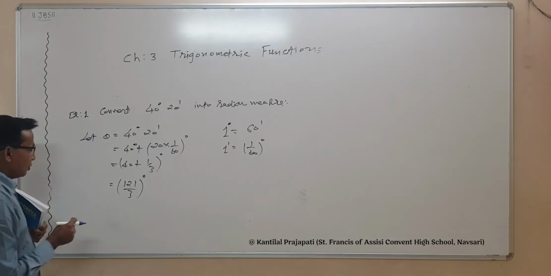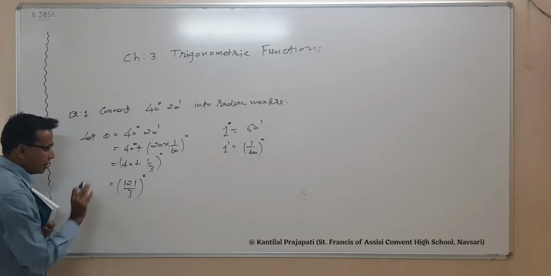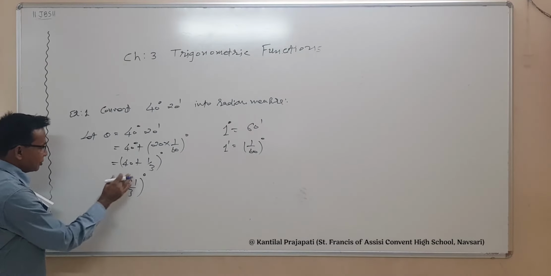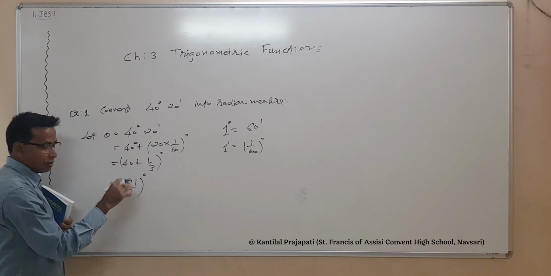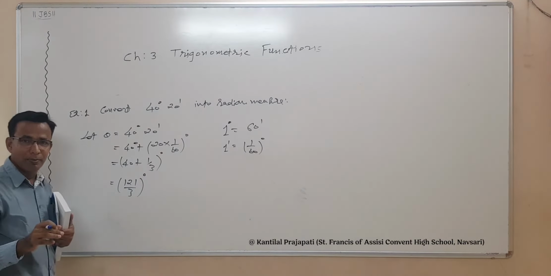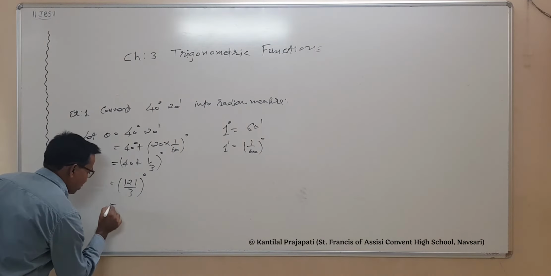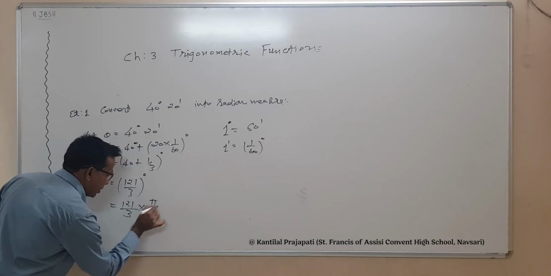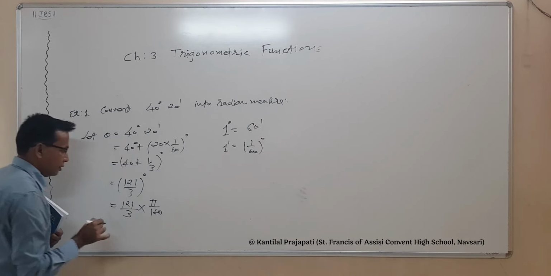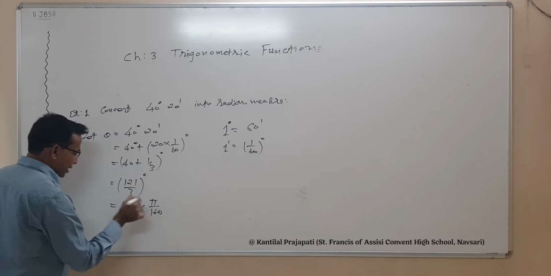Now we have theta in complete degree measure, 121 upon 3 degree. To convert degree into radian measure, we multiply by pi by 180. So 121 upon 3 into pi by 180. Now simplify this.